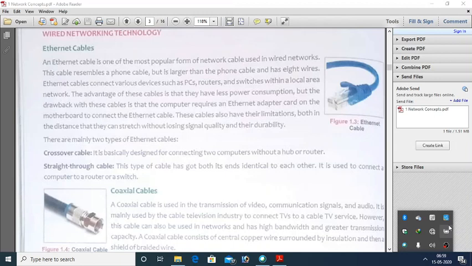There are mainly two types of Ethernet cable: crossover cable and straight through cable. Crossover cable is basically designed for connecting two computers without a hub or router. Straight through cables are identical at both ends. It is used to connect a computer to a router or a switch or a modem.